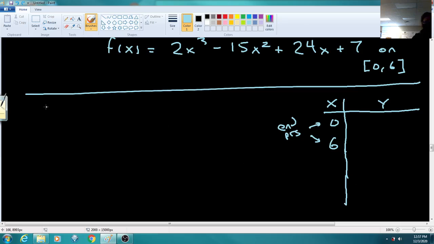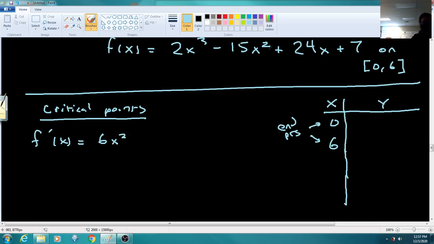So to get my critical points, I need to get my first derivative and see what's going to happen with it. So f prime of x is 6x squared minus 30x plus 24.